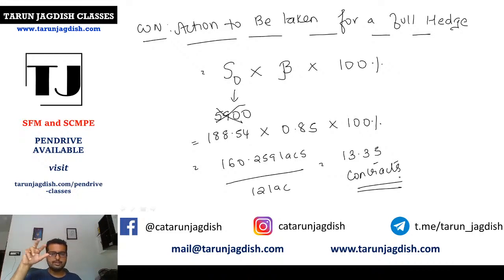Now let me tell you one thing practically. Practically, can I enter into 13.35 contracts? No. So you can give a note below that. Practically, it is not possible to enter into 13.35. We can either enter into 13 or we can enter into 14 contracts.